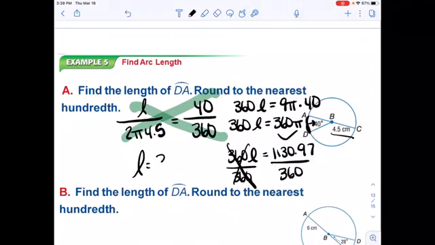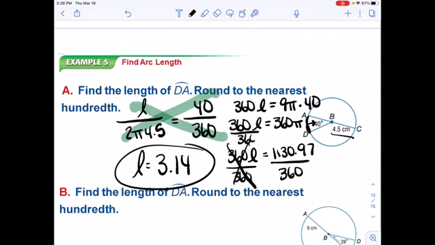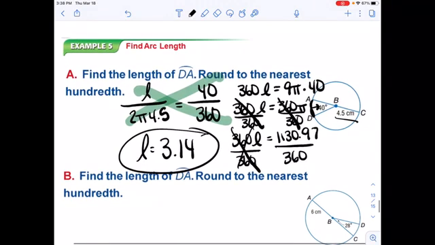You end up getting, believe it or not, pi. Now you could have seen that up here, where you just divide by 360, and you are left with just L equals pi. They do want it to the hundredth, so I wrote it as 3.14 in our solution. Okay? Now, not everything turns out to be pi.